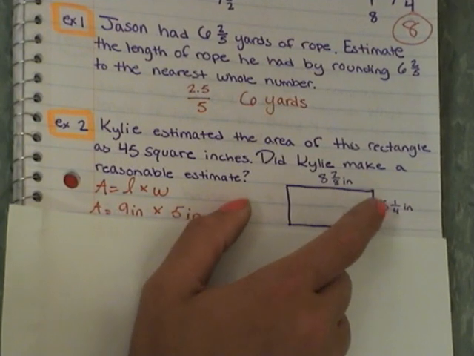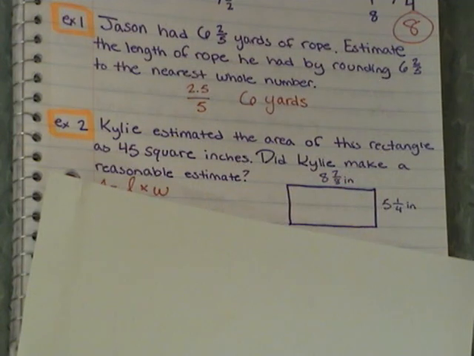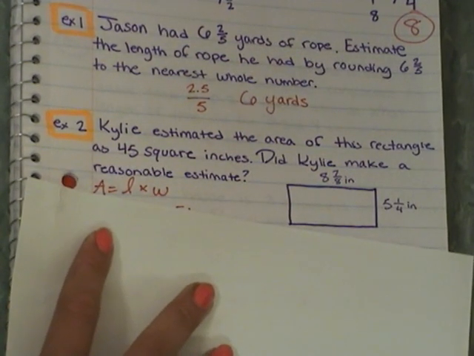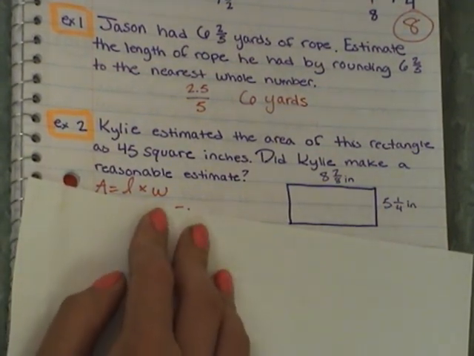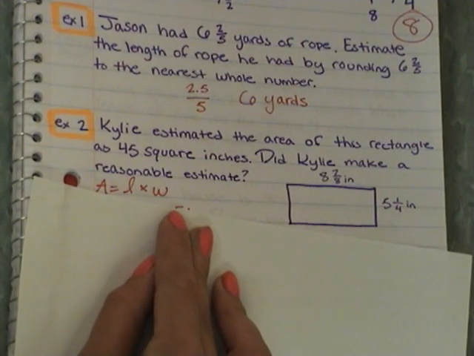Don't forget what area is. Area is length times width. I have written that on my paper. What you need to do is round 8 7/8 to the nearest whole number, and 5 1/4 to the nearest whole number. Then we're going to multiply them.